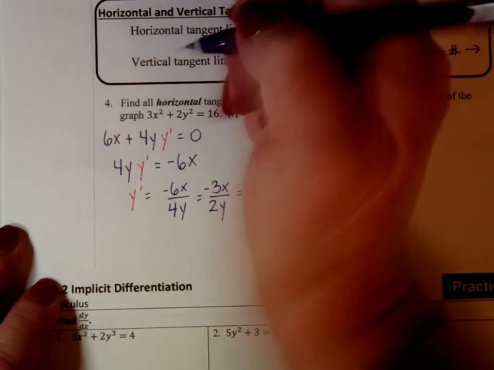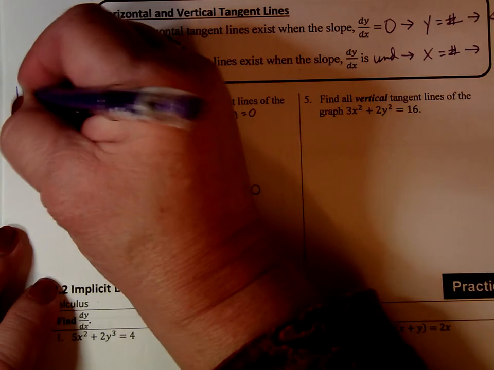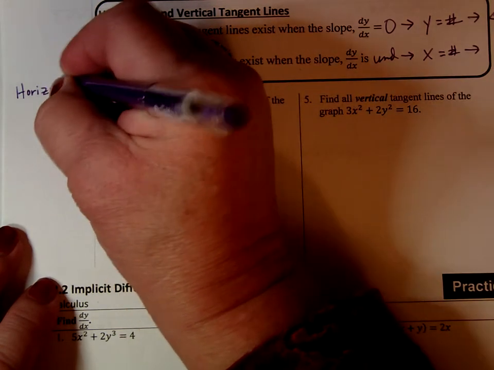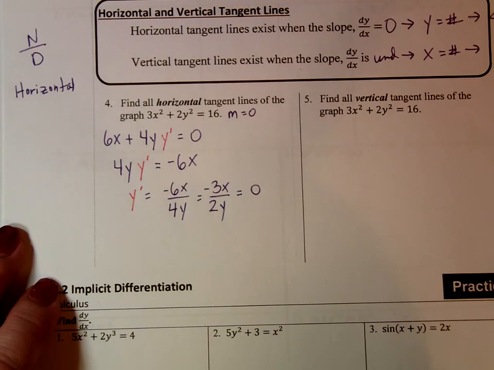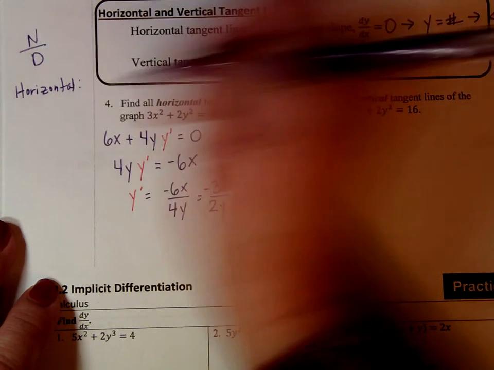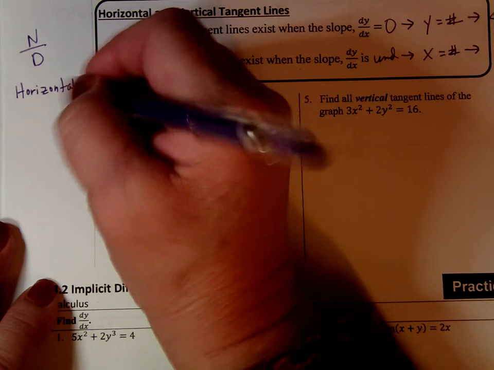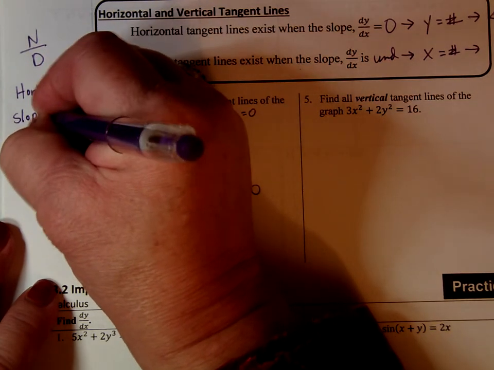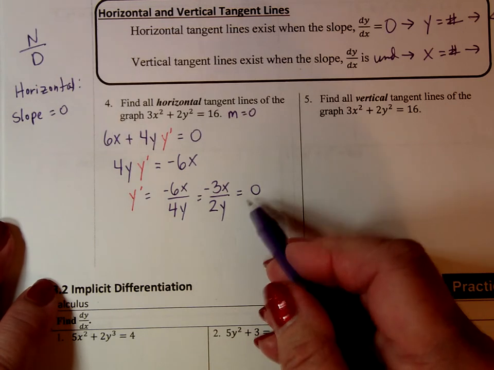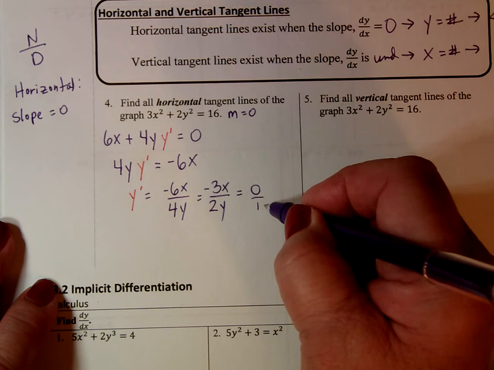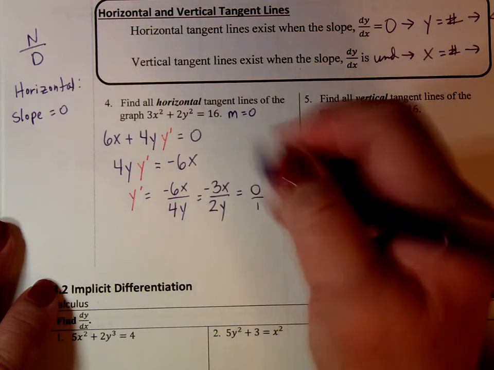All right, so here we go. I was talking about horizontal. If I'm thinking of a fraction, I'm going to say a numerator over a denominator. Oh, that's rocket science, right? If I'm a horizontal line and my slope equals 0, and you're going to see that come into place for this guy, it's as if this 0 is over 1 and I'm going to cross multiply. 2y times 0 is 0, but negative 3x times 1 is negative 3x.